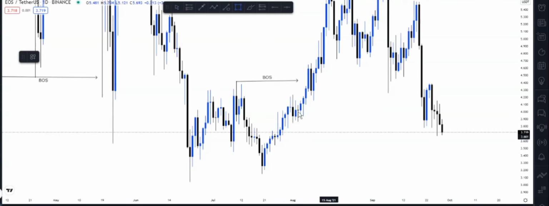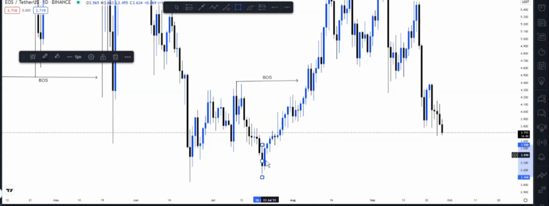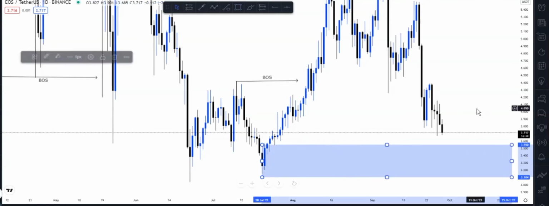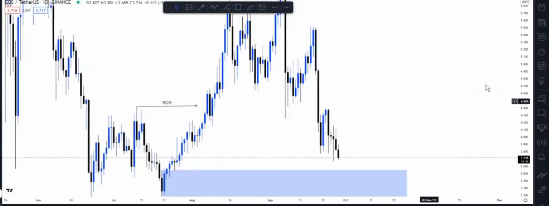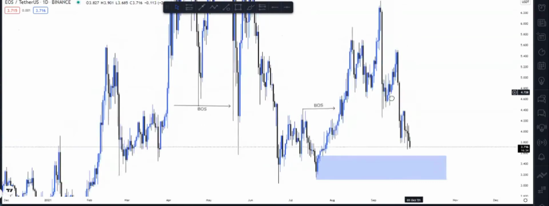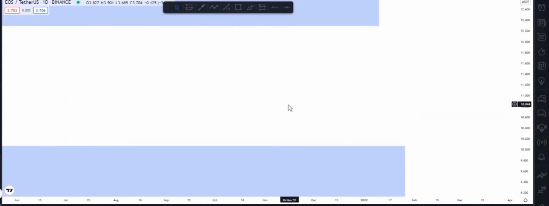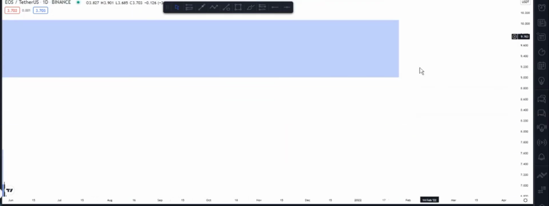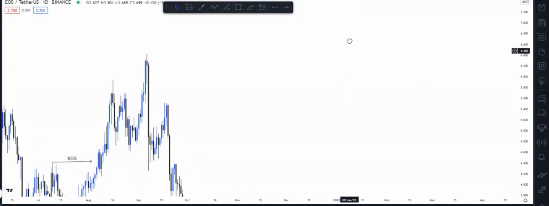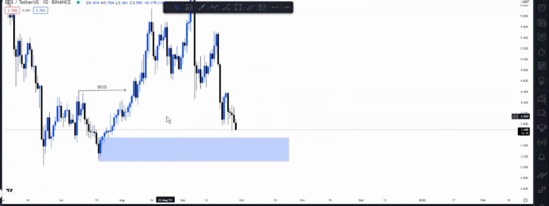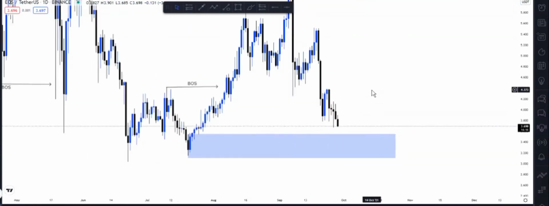So far, this is the only unmitigated order block, and we still want the price to trade inside the zone. Then continue to maybe this valid POI above or this one above. So that's our expectation, and that's quite a long way for it to go.